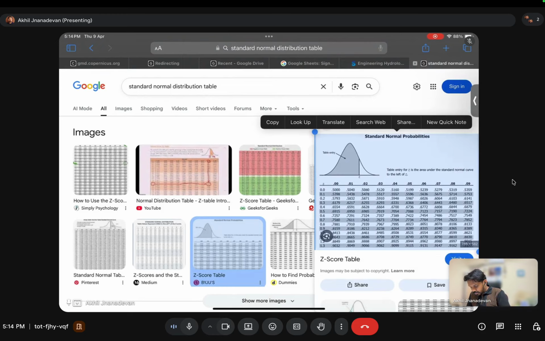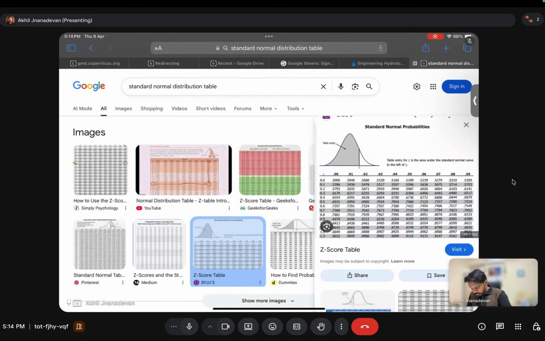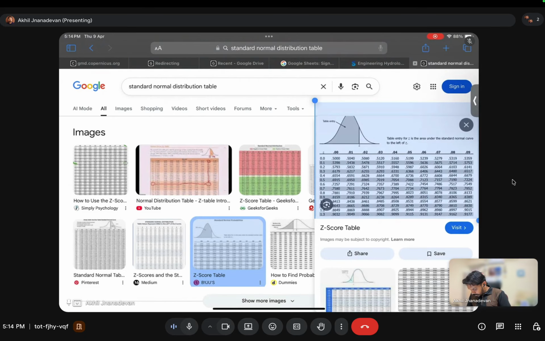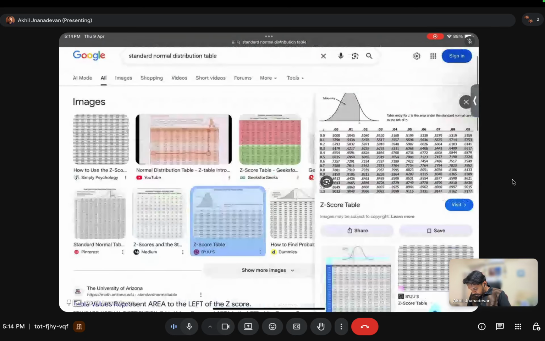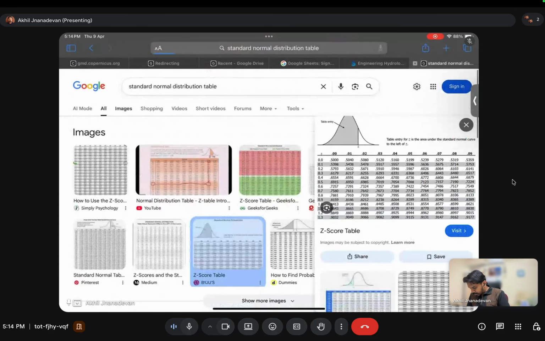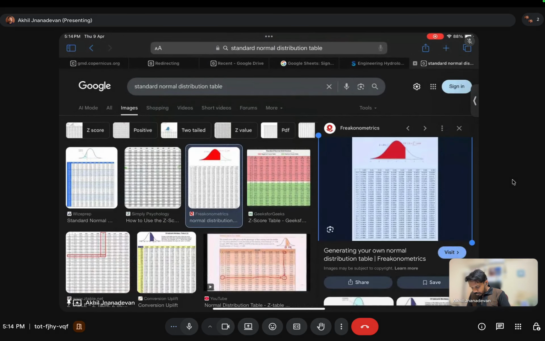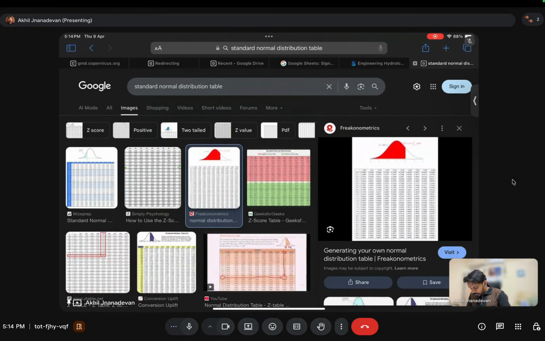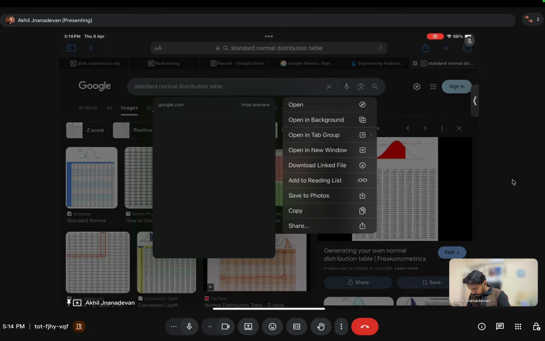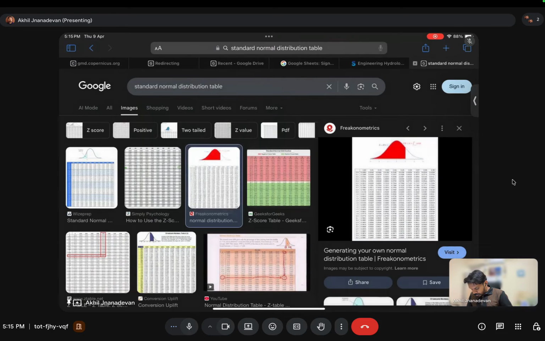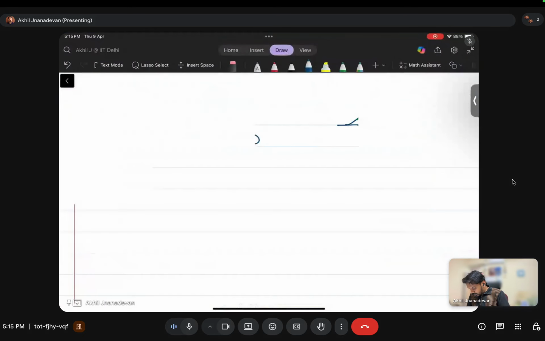I can copy this particular table. It has only values till 1. If I could have a complete table, that would be better. So we can take this, and see whether we can paste it here.